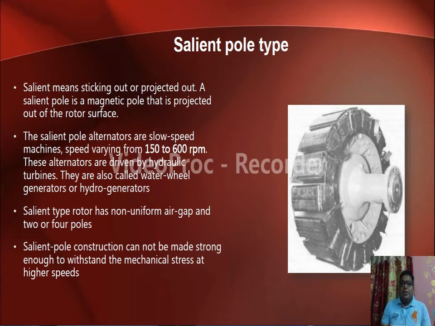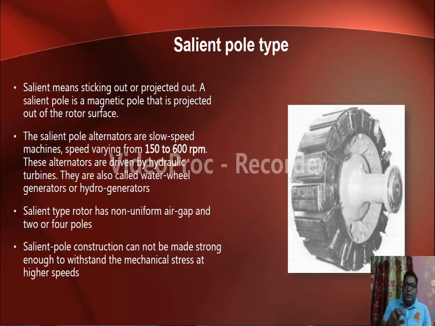Just think about it: there is a stator which is cylindrical in shape, correct? And inside that we have the rotor. Now the rotor arms are outward, so the distance between the stator and rotor is not uniform. If the distance is not uniform, then the air gap in between is not uniform, and the EMF generated is not uniform.